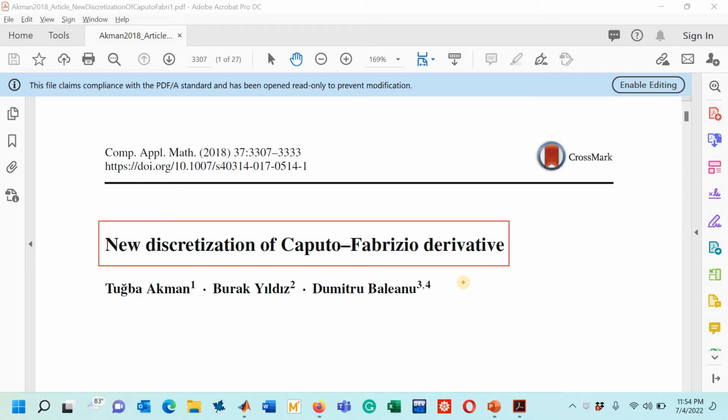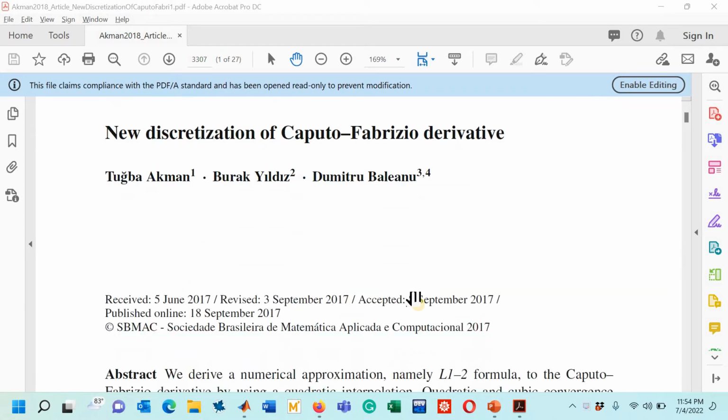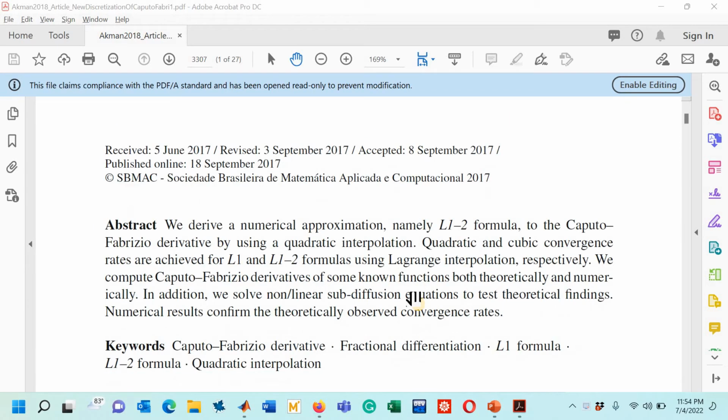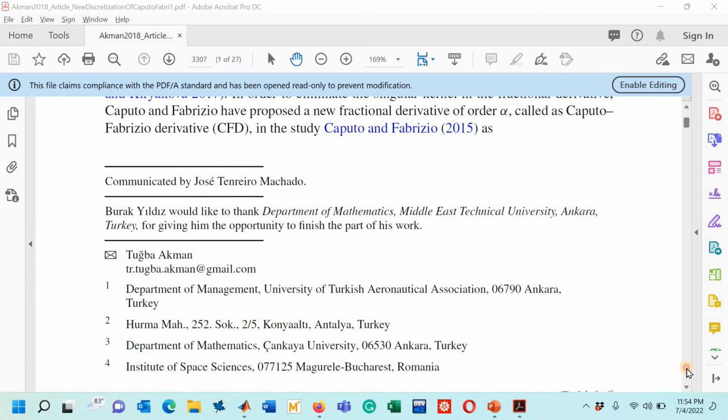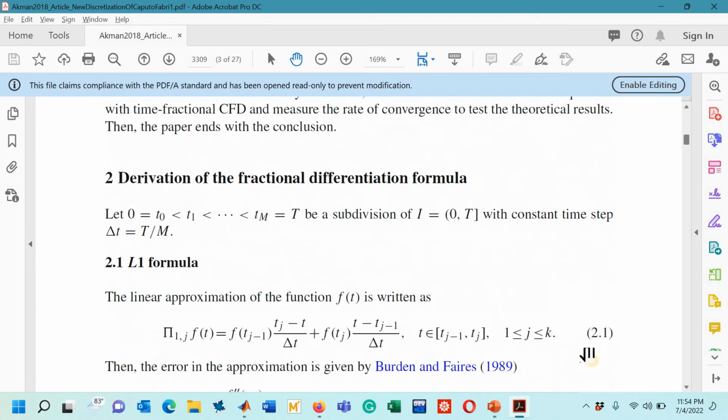In the first part of lecture number 15, we started the discussion of this research paper and we derived a formula called the L1 formula to approximate the Caputo Fabrizio derivative using the linear Lagrange interpolation method. Let me also show you that formula in this research paper.